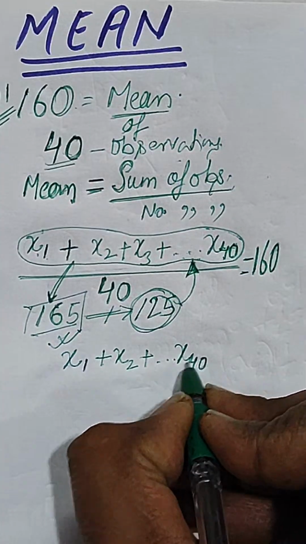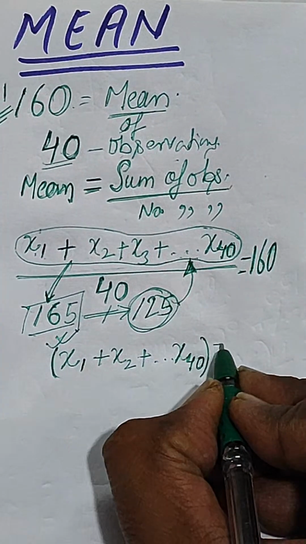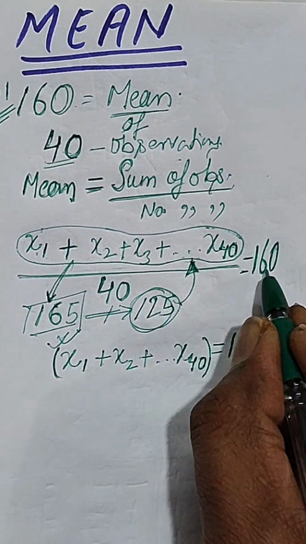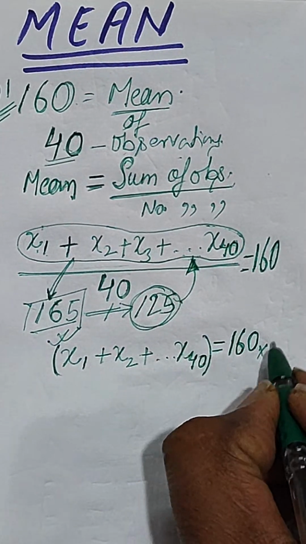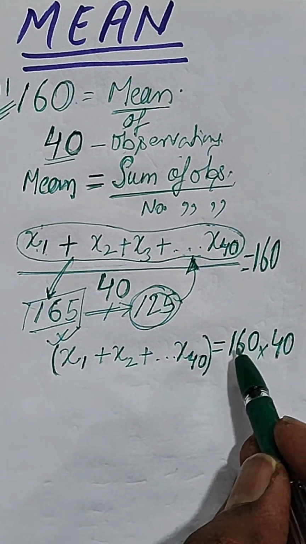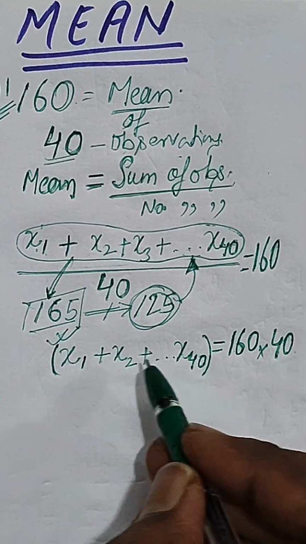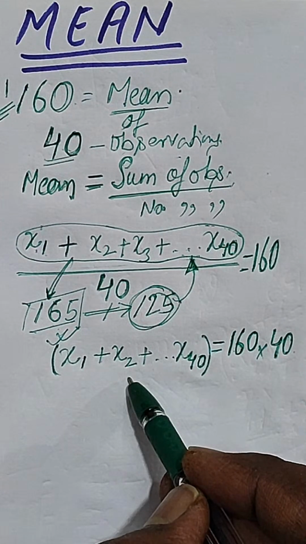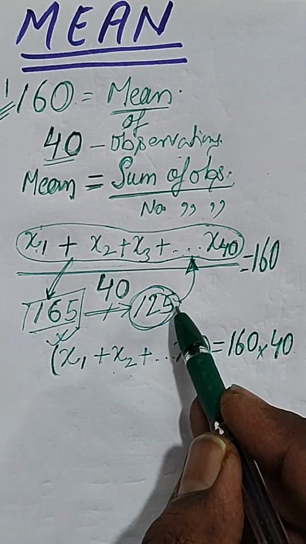These 40 observations, as calculated, give 160 on the RHS multiplied by 40. So this is 160 into 40. Now in this, the 165 data should be there, which is not captured, but 125 is captured.